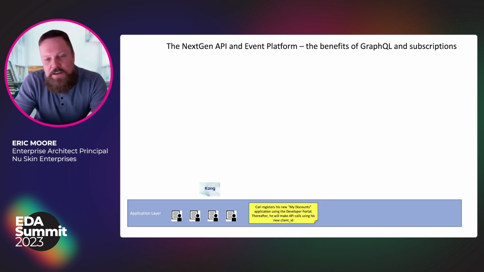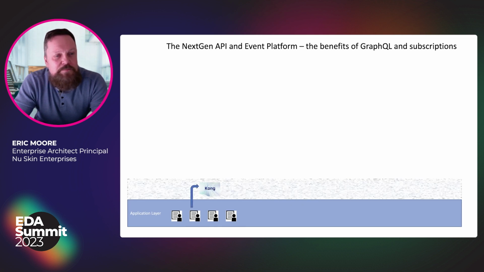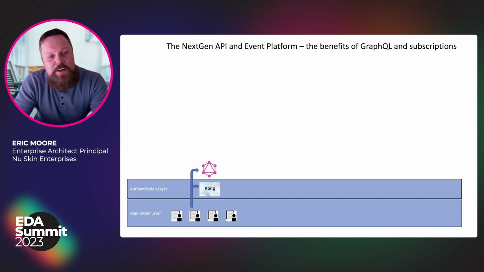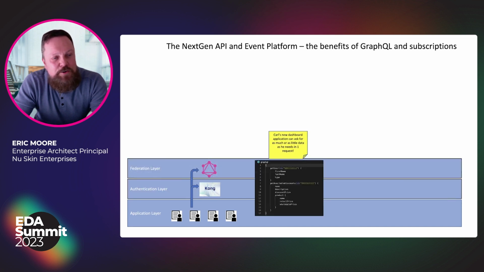Well, the first thing he does is he registers his application on the developer portal and starts discovering API calls. You can see here that when his application makes some calls, they call through our API gateway. They call through something called a GraphQL federation layer. And now he can start getting user information and the available discounts for this particular user.